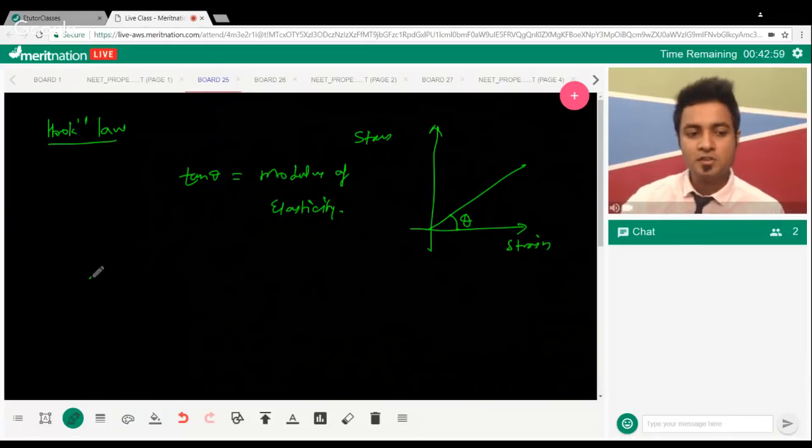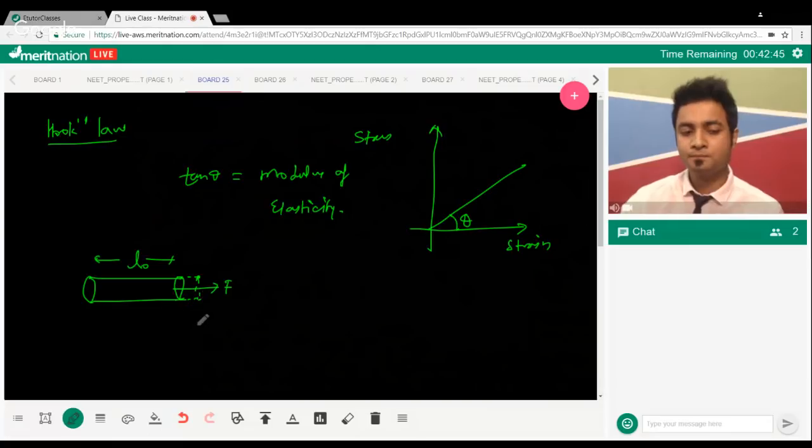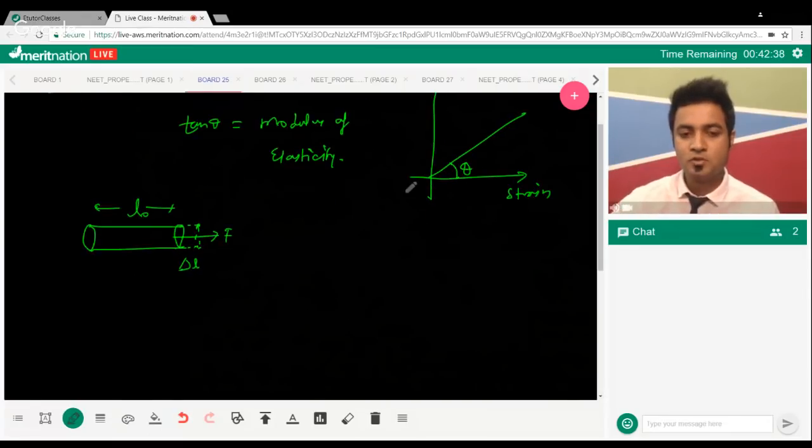Like if you're just considering about this one, a length of the wire which has initial length as L naught, and if you're giving some force to it, so definitely it will just elongate a bit. Okay, so we just call this elongation here is delta L. So here you can see, if I just talk about this curve, that stress is directly proportional to strain.